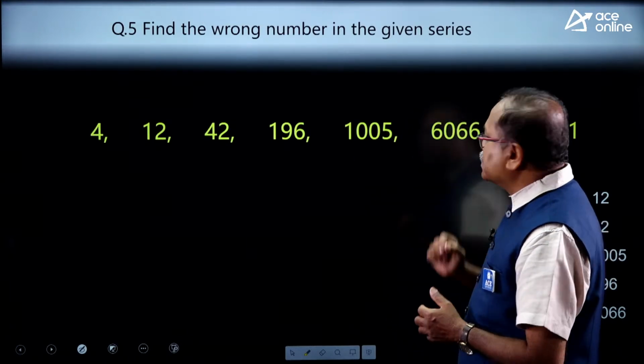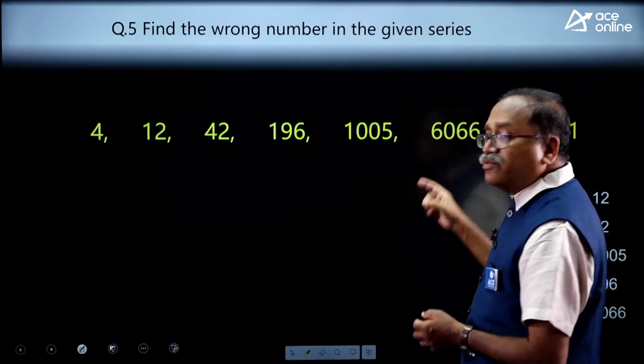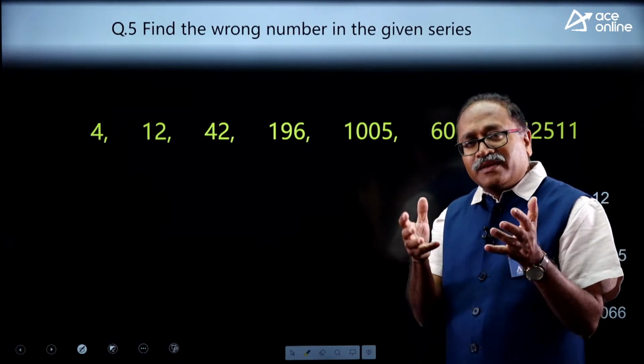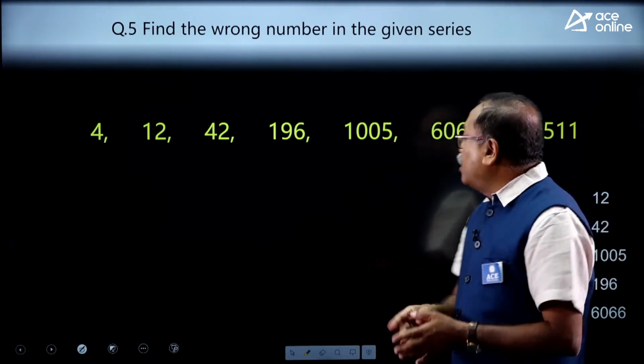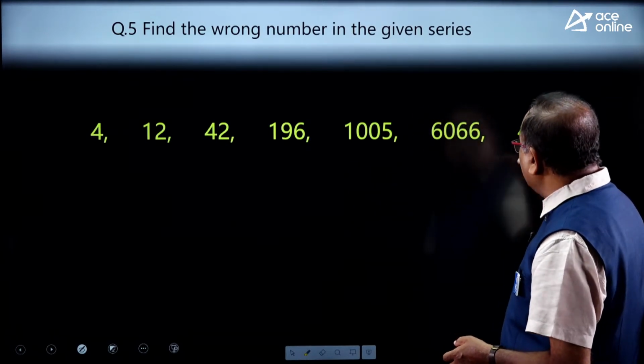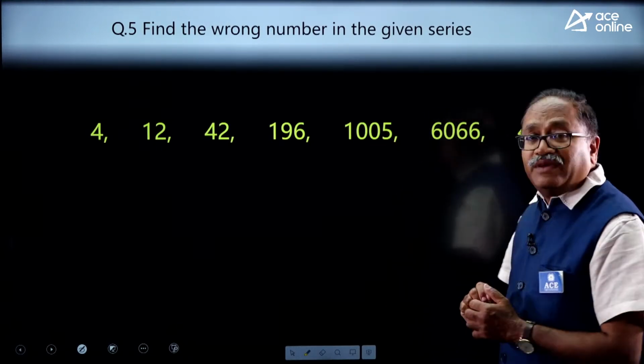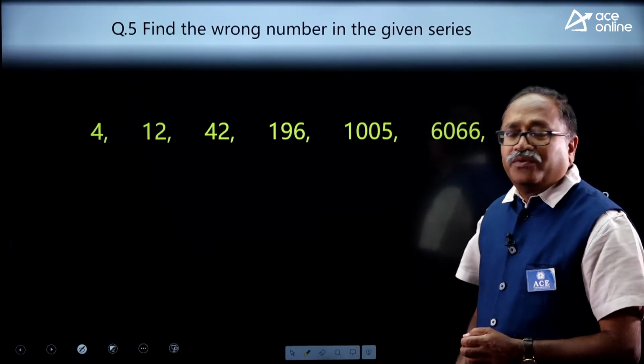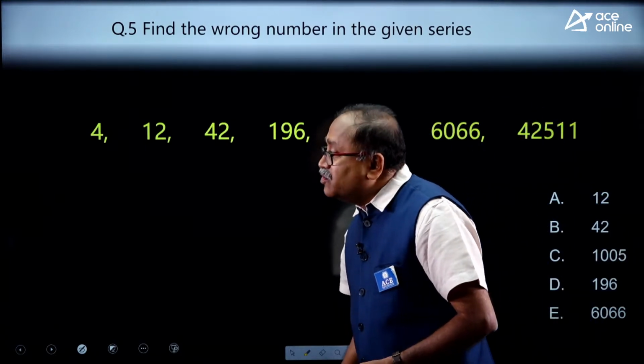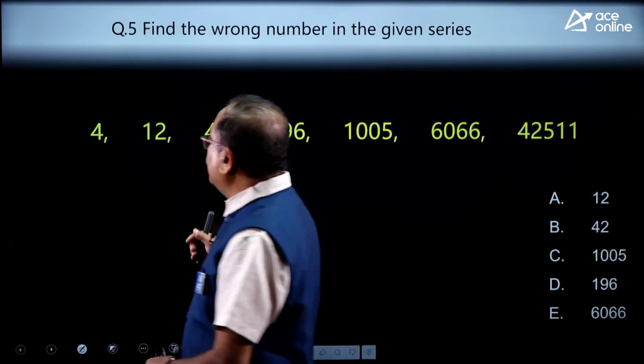Now 1000 to 6000, so it seems to be into 6. Catch the clue. Or 6 into 7 is 42, into 7. I notice into 6 and into 7, you get the clue. You already got the clue here. Now you can answer the question.